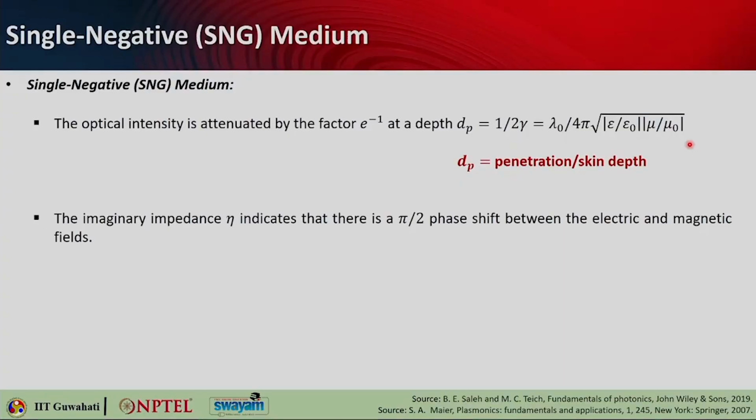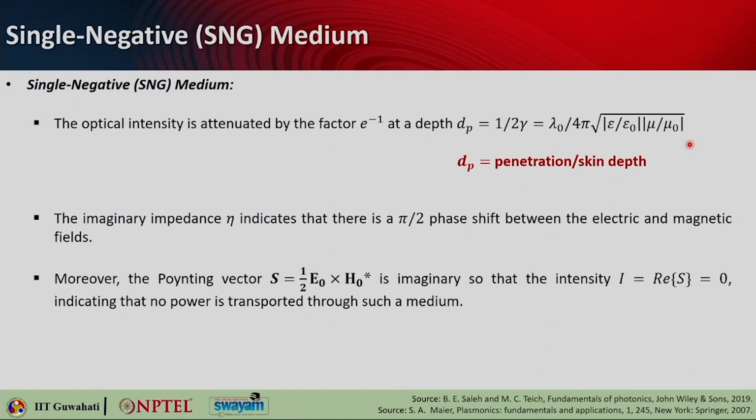The same concept is there in the microwave domain as well. The imaginary impedance that we see here indicates a pi by 2 phase shift, because of the j factor, between the electric and magnetic fields. When you calculate the Poynting vector, which is half of E naught cross H naught conjugate, this also comes out to be imaginary.